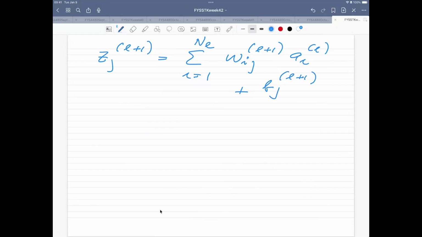And then I know that this Ai of L is nothing but the output of Ci of L, like that.